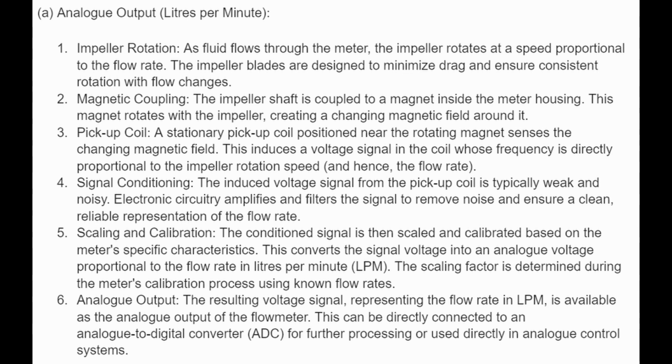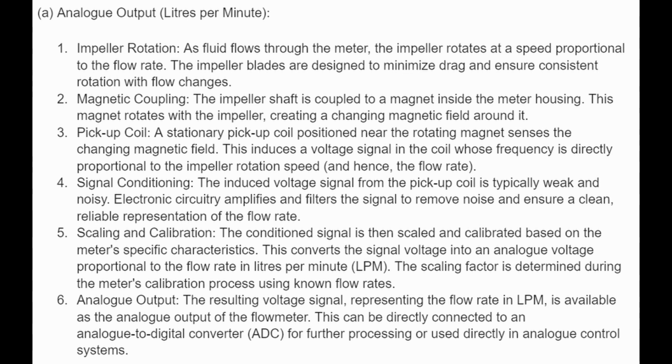5. Scaling and calibration. The conditioned signal is then scaled and calibrated based on the meter's specific characteristics. This converts the signal voltage into an analog voltage proportional to the flow rate in liters per minute, LPM. The scaling factor is determined during the meter's calibration process using known flow rates. 6.